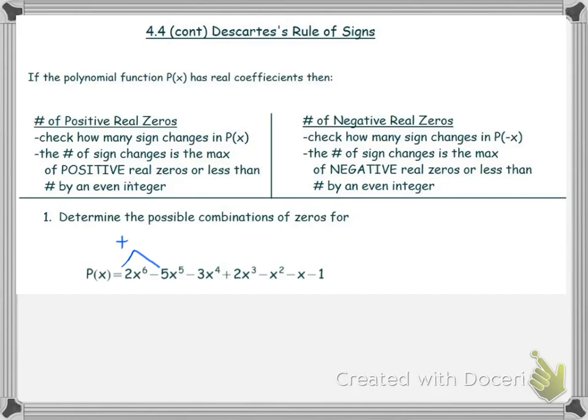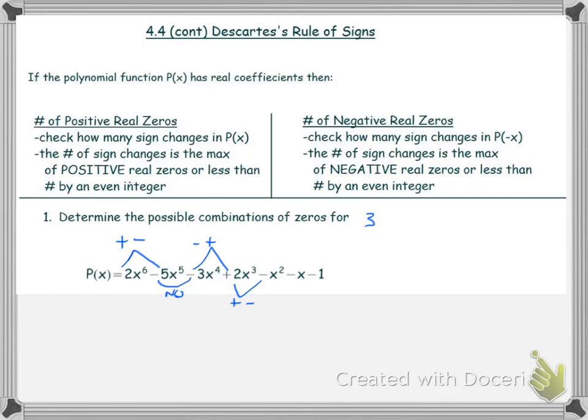So first I'm looking at this polynomial p of x, and it goes from the first term to the second term, from a positive to a negative. So that counts as a sign change. When it goes here, it doesn't change. They're both negative. And then it changes here from negative to positive, and then from positive to negative there, and then it doesn't change again.